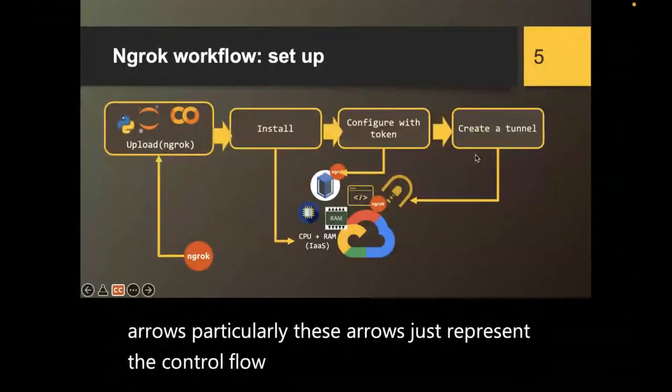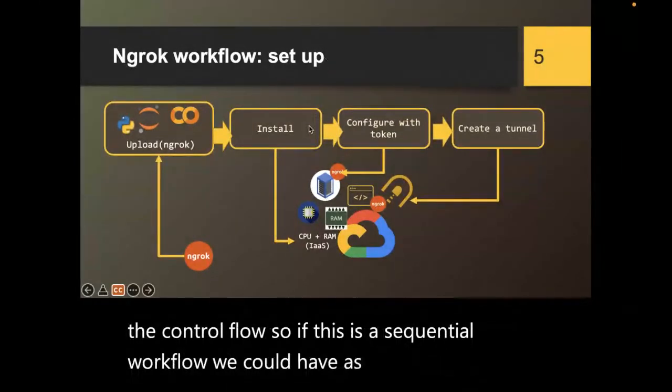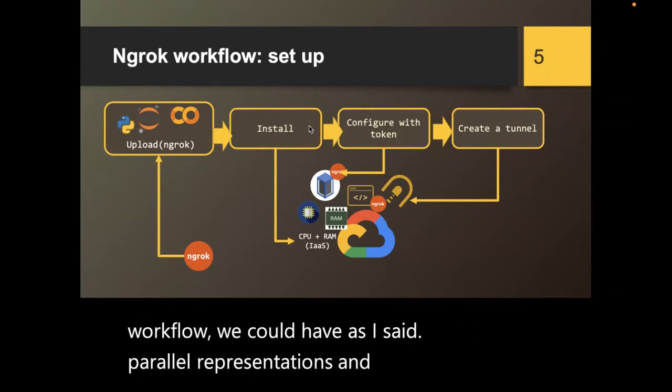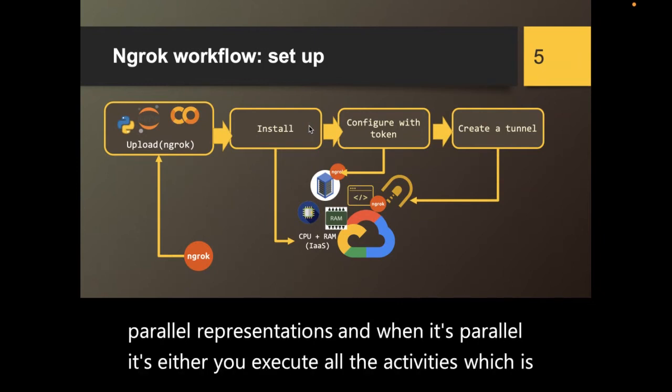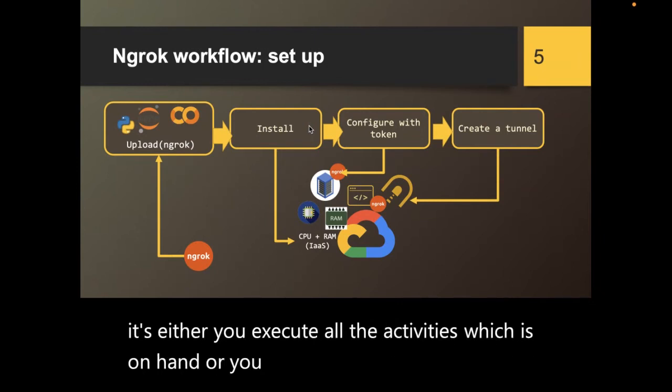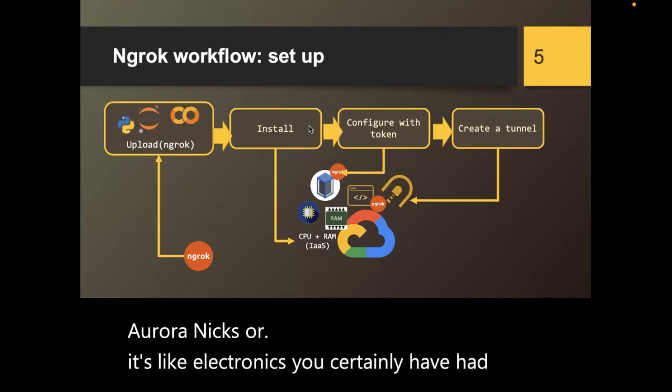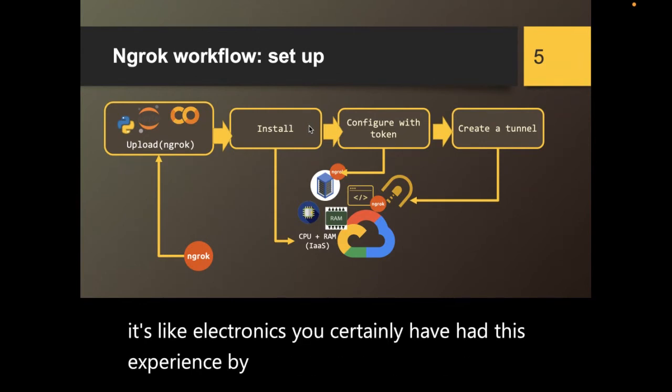So if this is a sequential workflow, we could have parallel representations, and when it's parallel, either you execute all the activities, which is an AND, or you execute part of it, which is an OR or an XOR. It's like electronics. No? You certainly have had this experience by representing electronics devices.